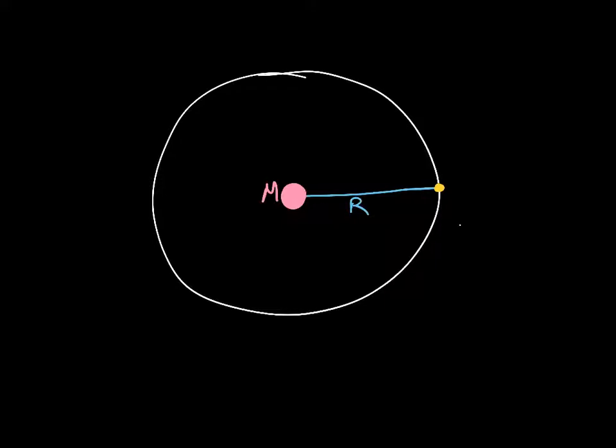So it has some speed tangent to the path. Okay, so that's perpendicular. I think you know by now that for something to stay in orbit, it's got to maintain a speed tangent to the circular path that keeps it on that circular path, because something else is accelerating it towards the center.